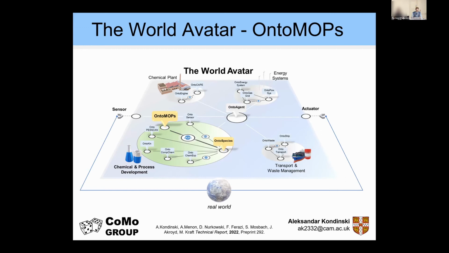So what we actually see is that we have an interoperable connection of this type of ontology to the OntoSpecies, but this is not all, because normally when you have a chemical development process, you would like to also see how, for example, a particular chemical in future can be part of an industry process, or, for example, what will be the cost for production, for energy costs, or, for example, what will be its impact on the environment. So you would like to put this in one ecosystem. So this is the World Avatar.